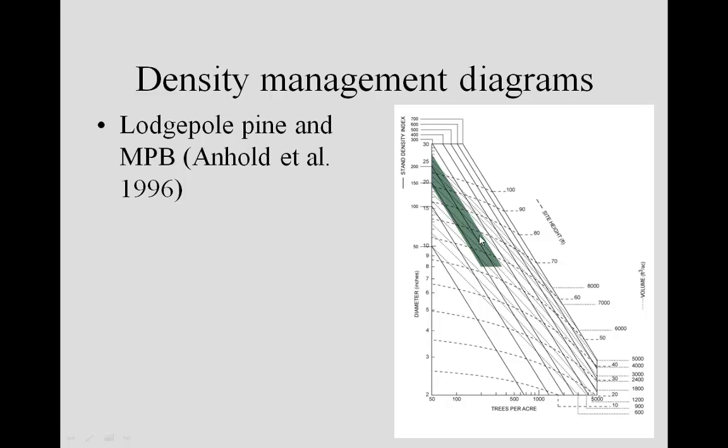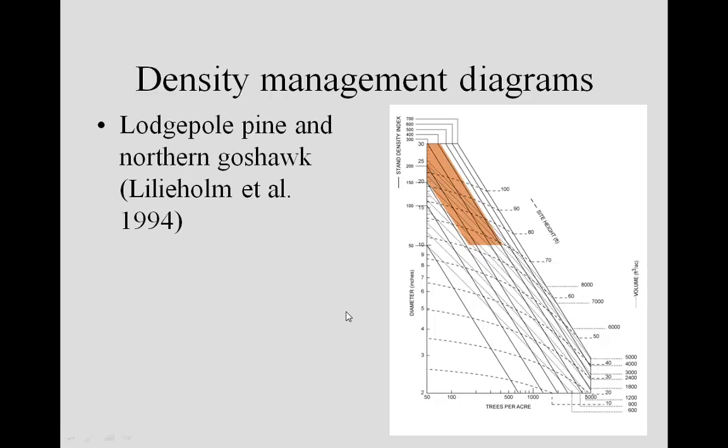So it was their contention that in your density management, you wanted to avoid combinations of mean size and density that put you within that green polygon.